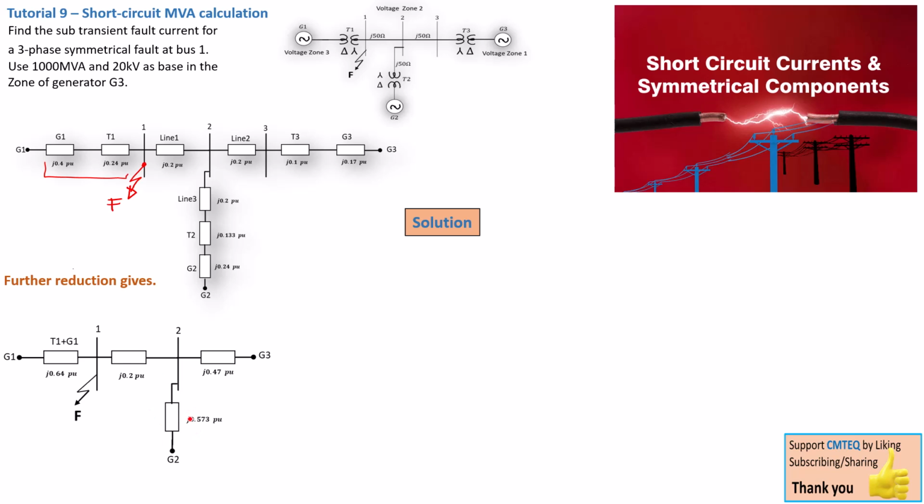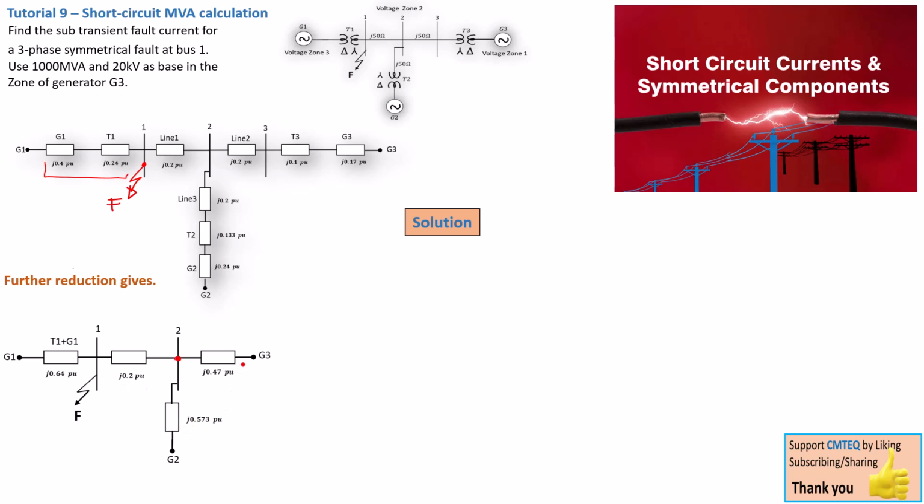Now here we can see that generator 2 and generator 3 are in parallel because they are joining at this particular point, and they will be in series with the per unit impedance of line 1, which is 0.2 J per unit.